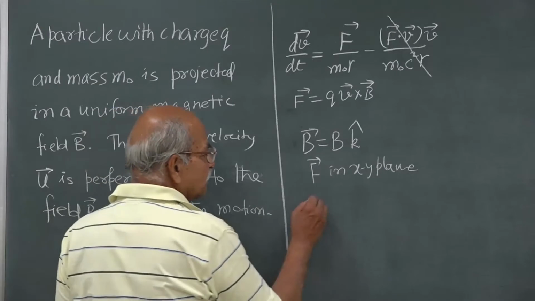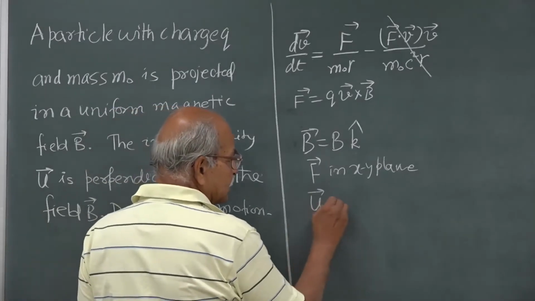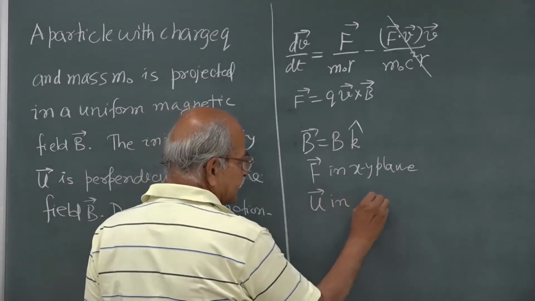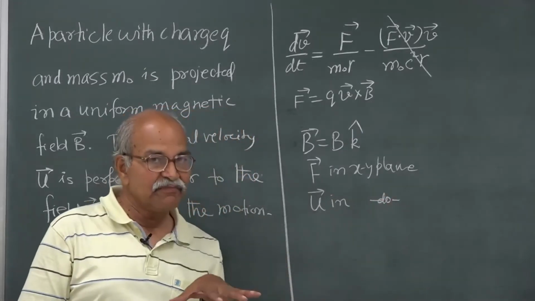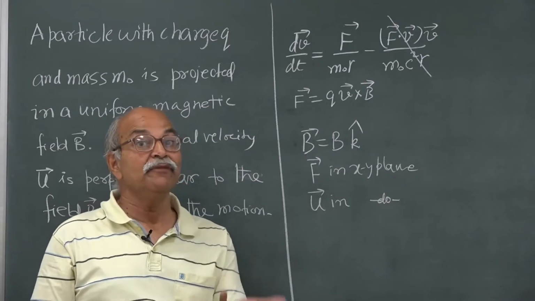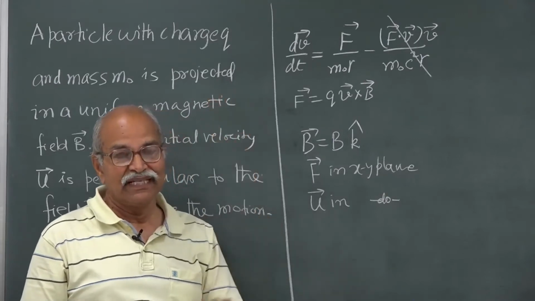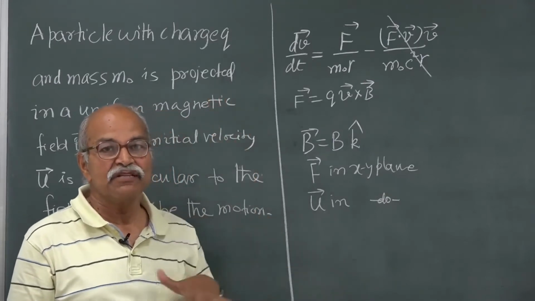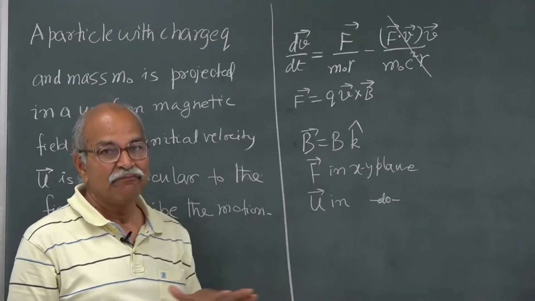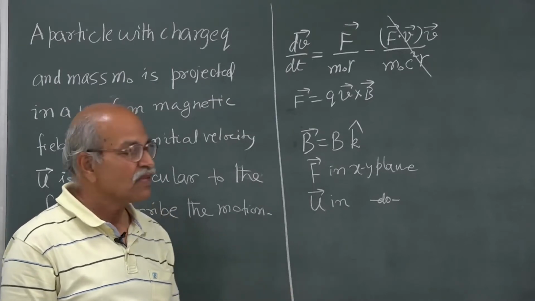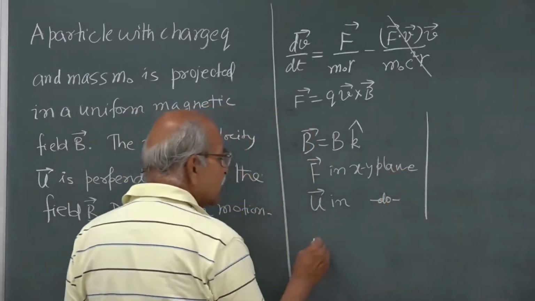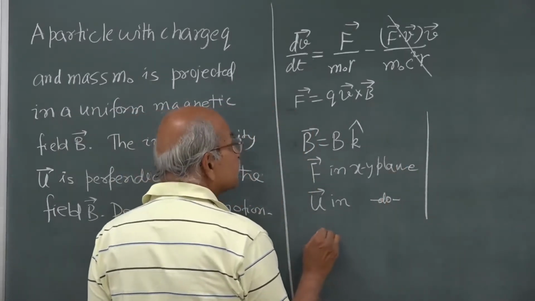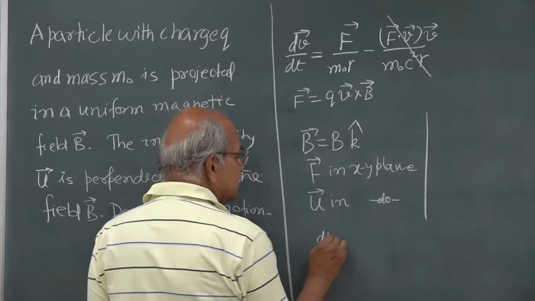If the initial velocity u is in the xy plane and the force is always in the xy plane, there is no way it can pick up a z component, and hence the first thing is that the entire motion will be in the xy plane. So, that is one. And then we can write what dp dt is.